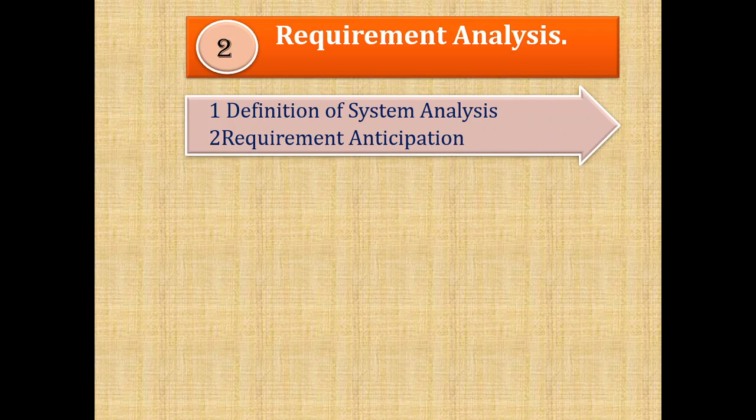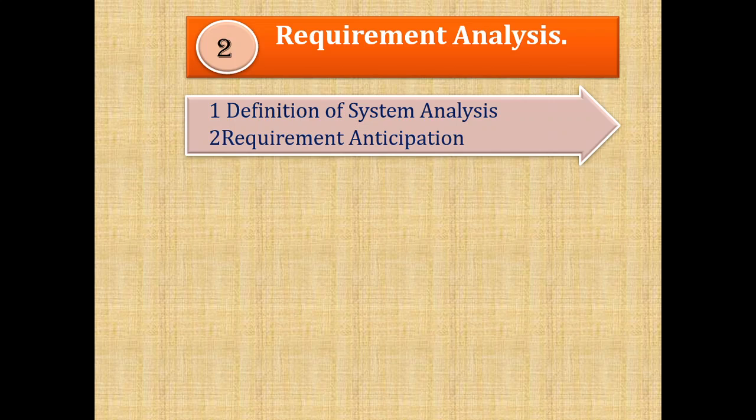The second topic that we are going to study is requirement anticipation. Remember my dear students, the word anticipation here means to predict something. Since we are into development of a system, we should anticipate, we should predict what might be the requirements of that particular person for whom we are going to develop the software.